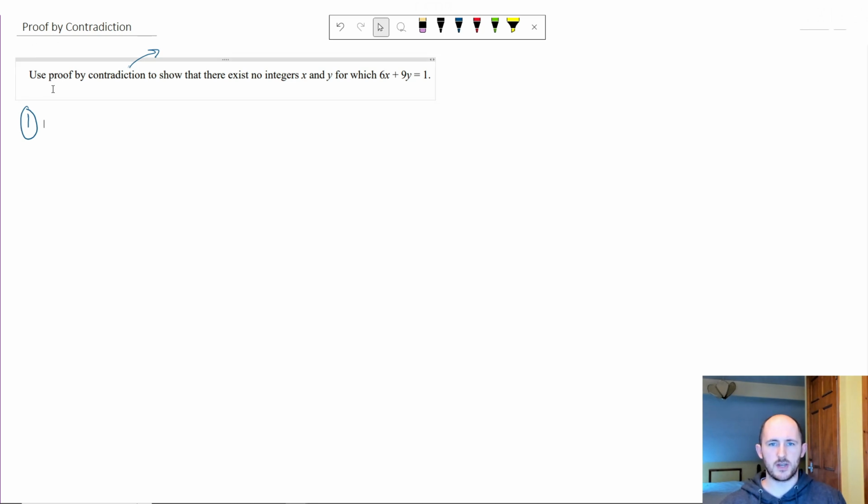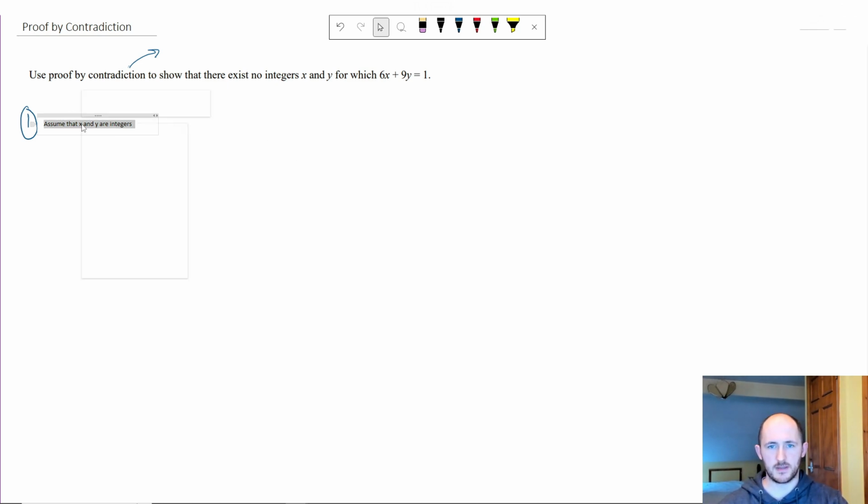In this first question, it says use proof by contradiction, they'll always tell you, to show that there exist no integers x and y for which 6x plus 9y is equal to 1. So we're going to assume that x and y are integers that make this true.